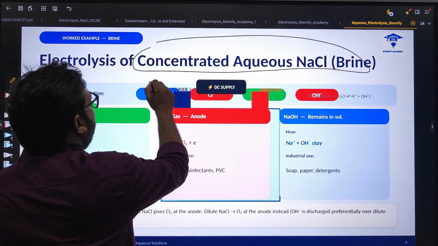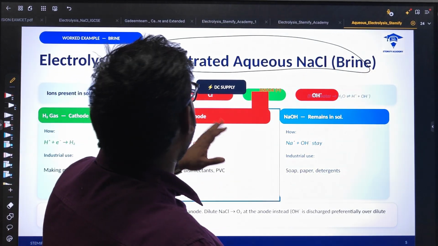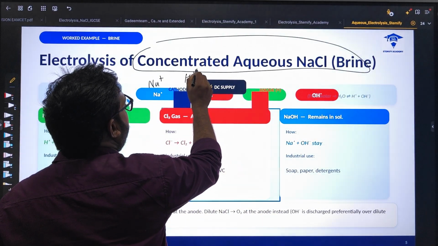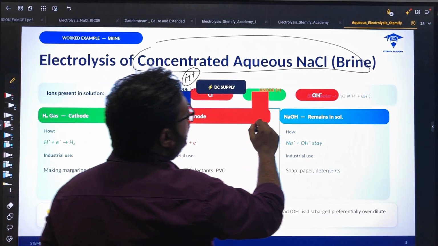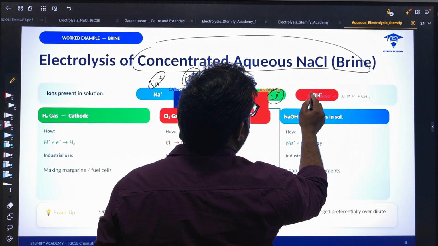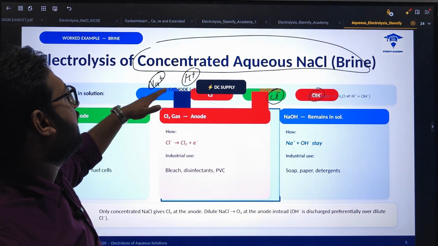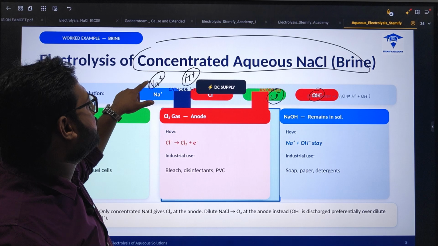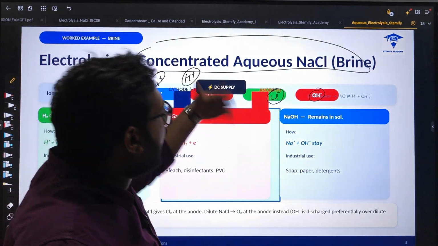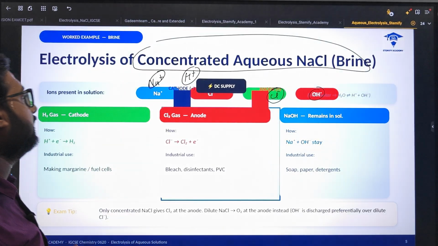At the cathode, you'll find ions like Na+ and H+. At the anode, you'll find ions like Cl- and OH-.